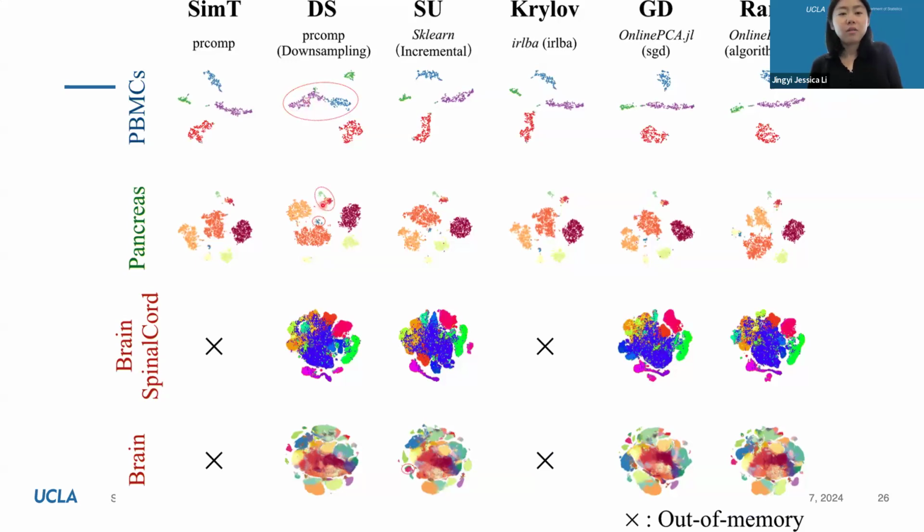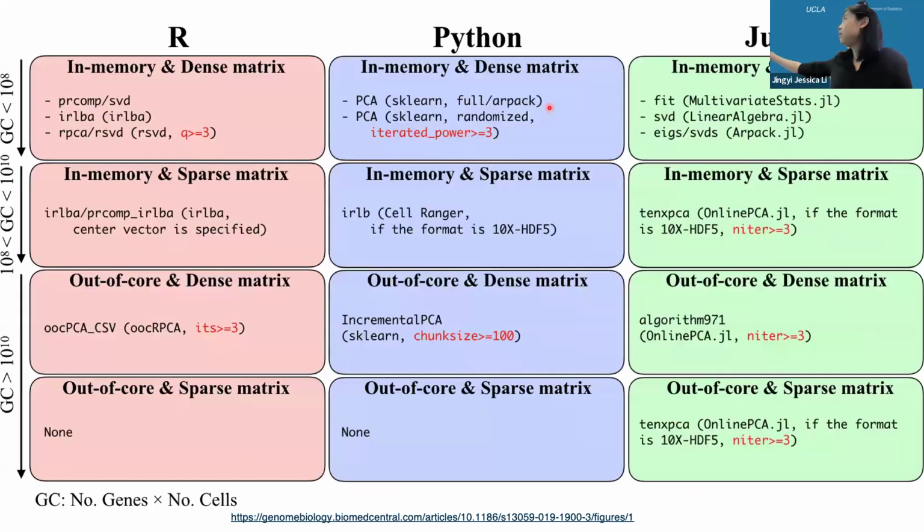And here also, you have these two become closer after you do downsampling. So basically, downsampling is considered bad practice by this paper. If you have a large data set, don't use downsampling, but consider online algorithms or this IRLBA. So we will stop here with this result. This is just guidance for users. I think it's very informative.